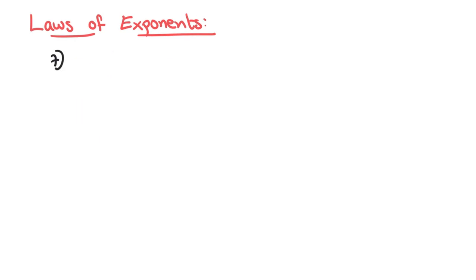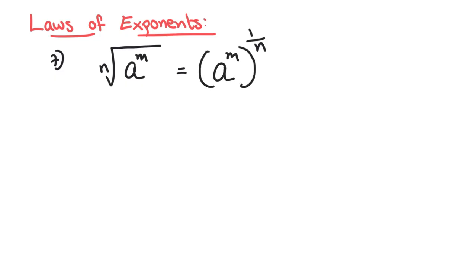Okay, let's look at this rule now. If I write nth root of a to the power m, how can I write this in exponential form? We already learned how we can write nth root of a. Can I write this as a to the power m, the whole thing to the power 1 over n? Yes.